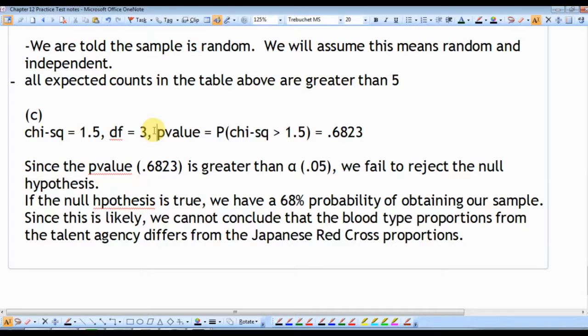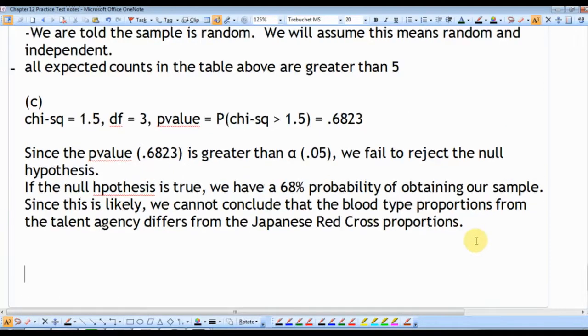Okay, so we have all of these chi-square statistics, right? And we want to figure out the p-value that's associated with them. So the p-value is equal to the probability that chi-square is greater than 3.84. How many degrees of freedom do we have?